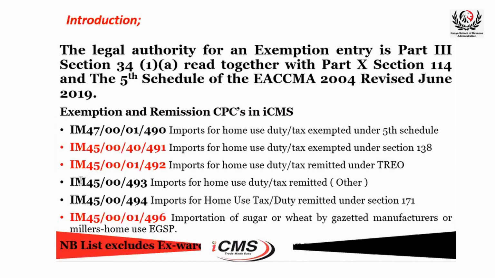You have this exemption for IM 45, 00493. You have IM 45, 00494, and you have IM 45, 0001, 496 for sugar and wheat importers who are gazetted manufacturers, EGSP.